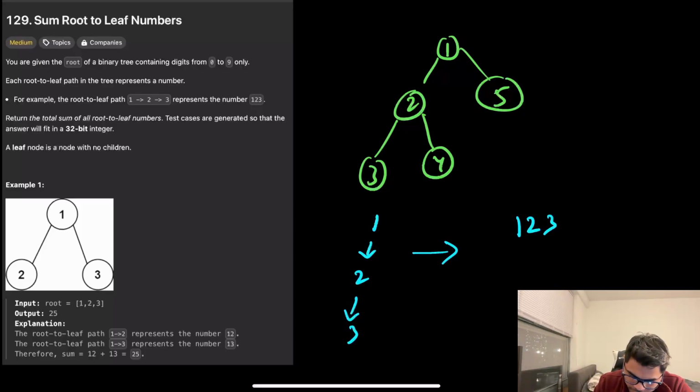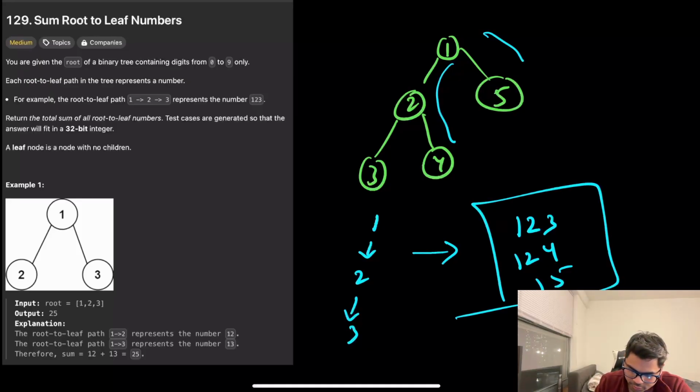Another path would be 1 2 4, and another path would be 1 5, and we can sum all these up, and that is the answer we're going to return.